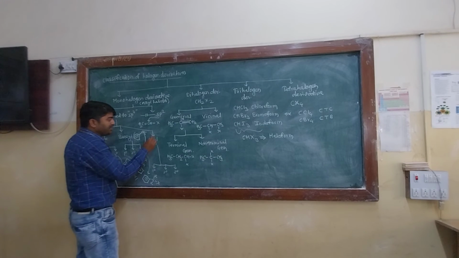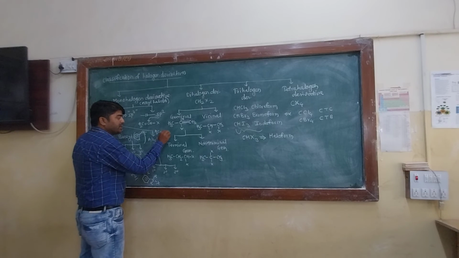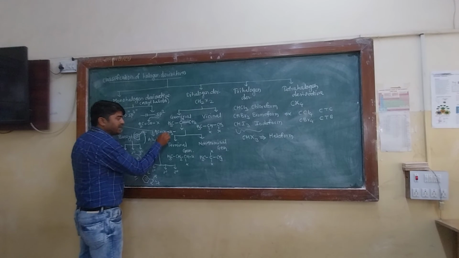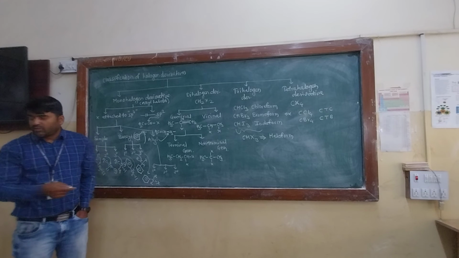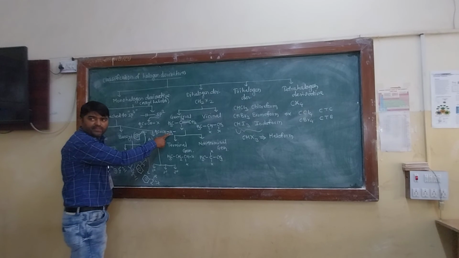Then what is an allyl carbon? Allyl carbon means the carbon atom which is next to a carbon double bond carbon. It is called an allyl carbon. This carbon may be primary, secondary or tertiary.